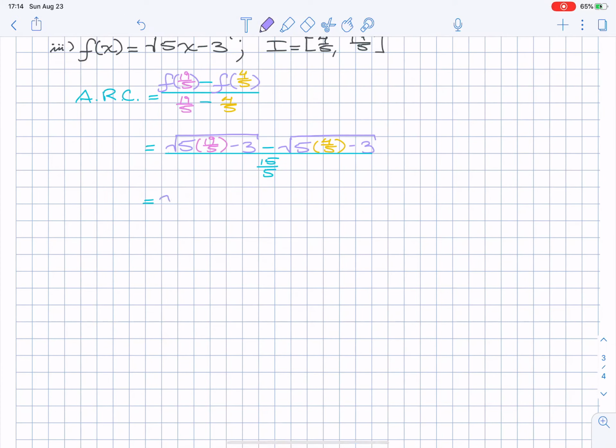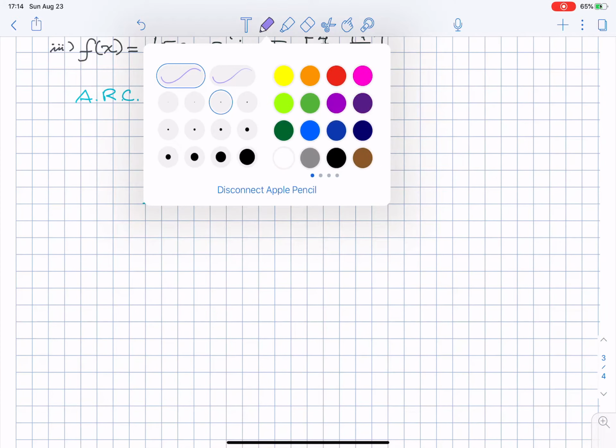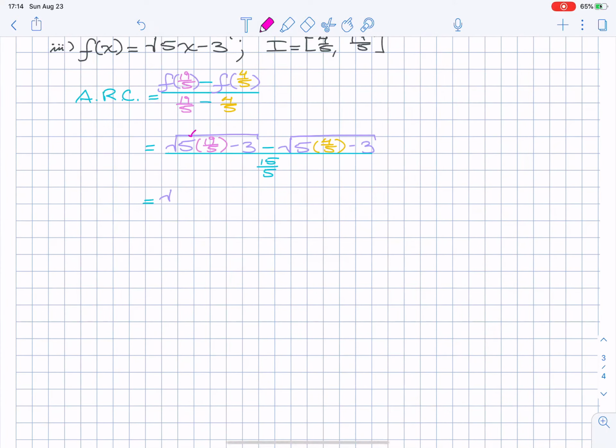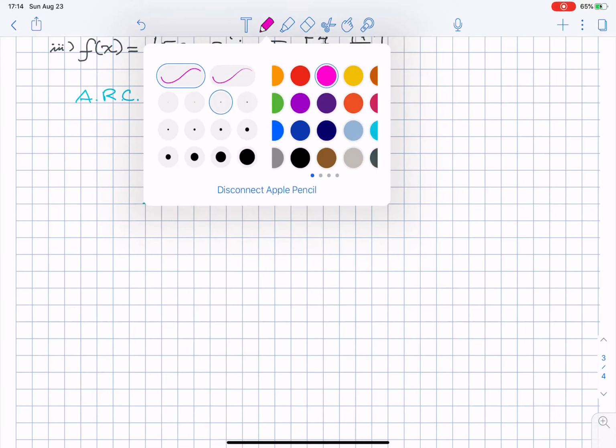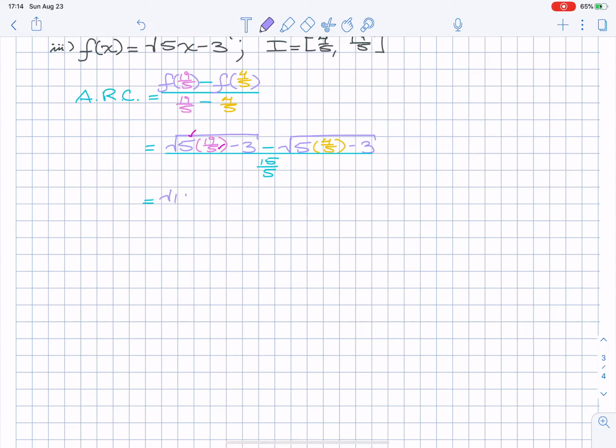So what I get underneath the first radical is the 5's reduce. Let me show that. So the 5's reduce, and I'm left with the square root of 19.